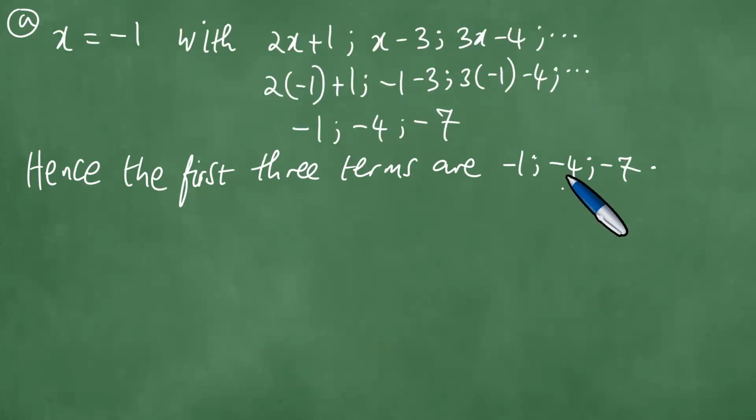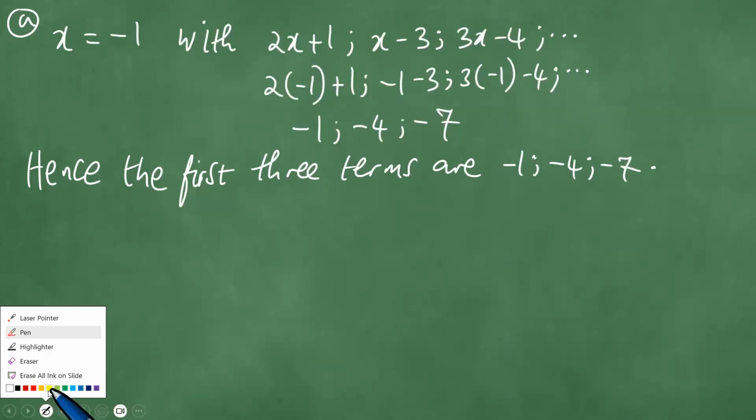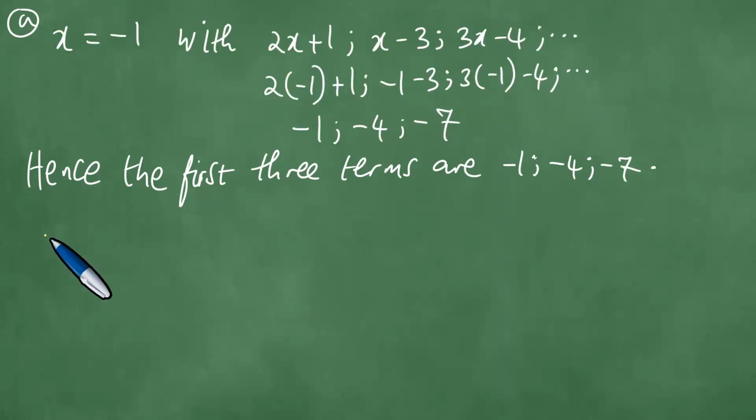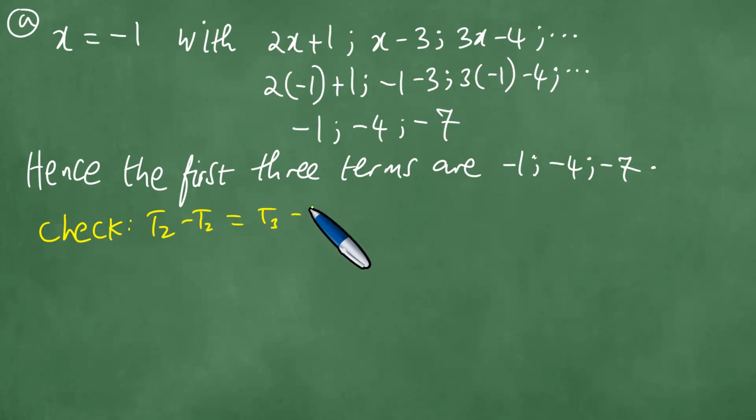Now you can check these terms. Do they form an arithmetic sequence? They did not ask us to check, but you can do a check. We're going to do T2 minus T1, and it must be equal to T3 minus T2.